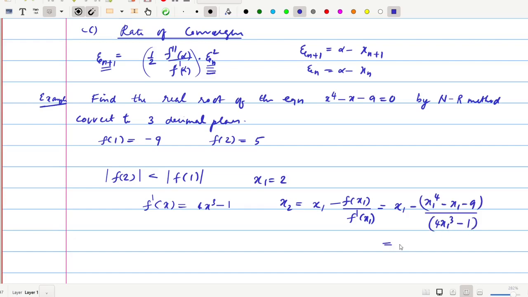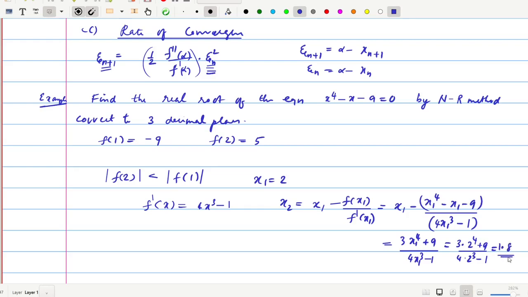Now you can simplify this, which gives 3 times x1 raised to 4 plus 9 divided by 4 x1 cube minus 1. Now substitute the value of x1 in the numerator and denominator: 3 times 2 raised to 4 plus 9 divided by 4 times 2 raised to 3 minus 1. That gives 57 by 31, that is 1.8.